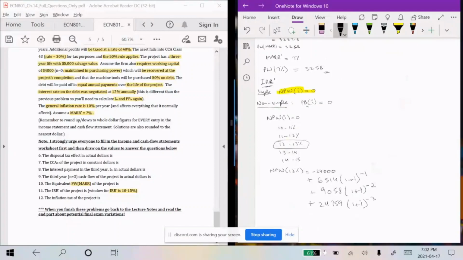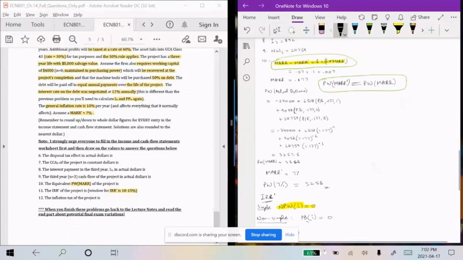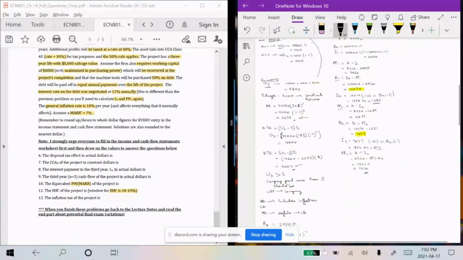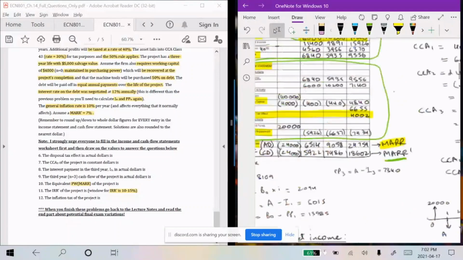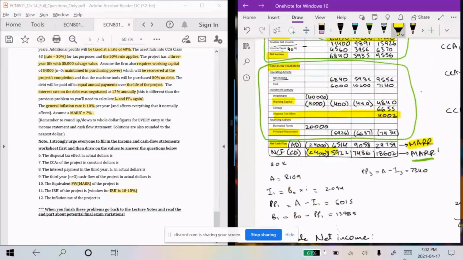So what we're doing here is taking all of these values. No, not these ones, these ones. Oh, never mind. I think we need to take the other ones.